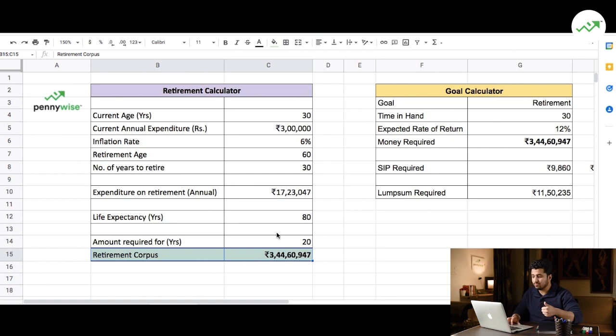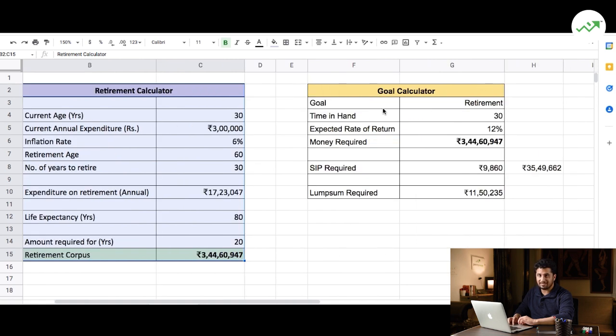What we're assuming here is that from 60 years to 80 years, the 20 years that you're staying, you will take out 17 lakh rupees every year and let the remaining continue to be invested so that you keep earning interest on that. We've not considered inflation separately. We've considered that you would at least earn as much interest as the inflation rate, right? So that's the assumption behind this calculation.